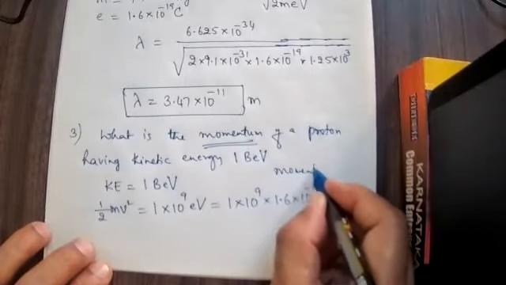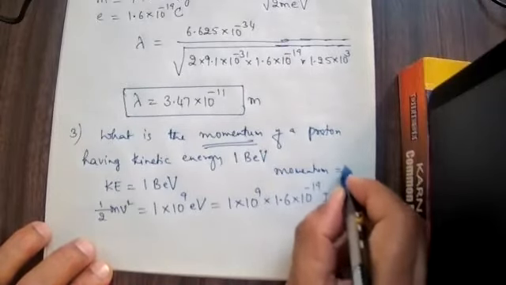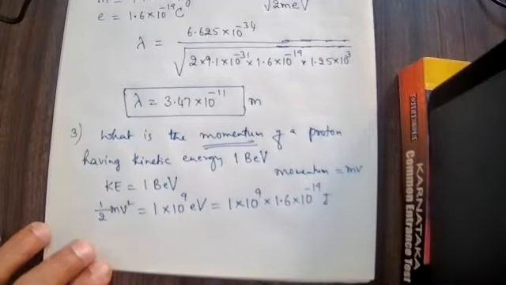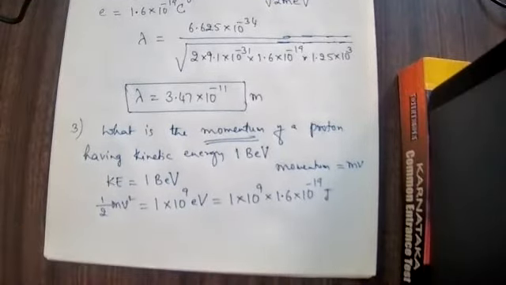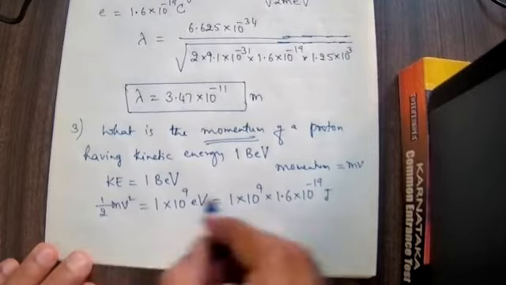So momentum. Momentum means mass into velocity. Here mass into velocity is coming up. So P is equal to how much? P is equal to mv, momentum.